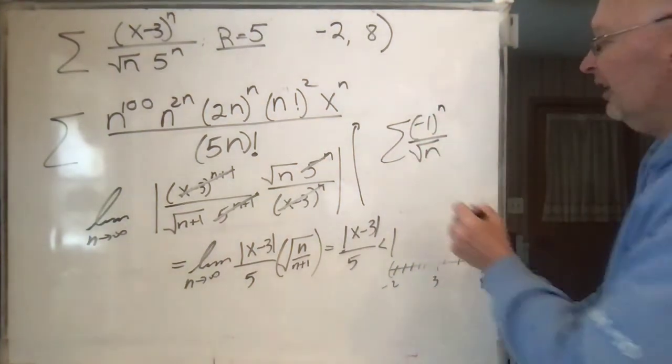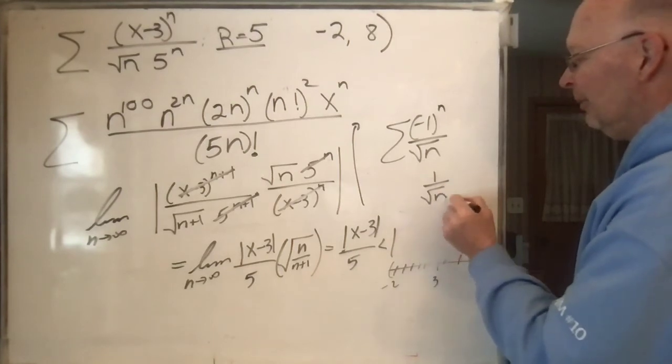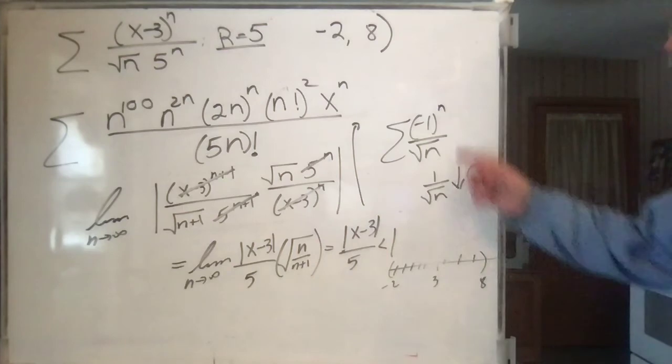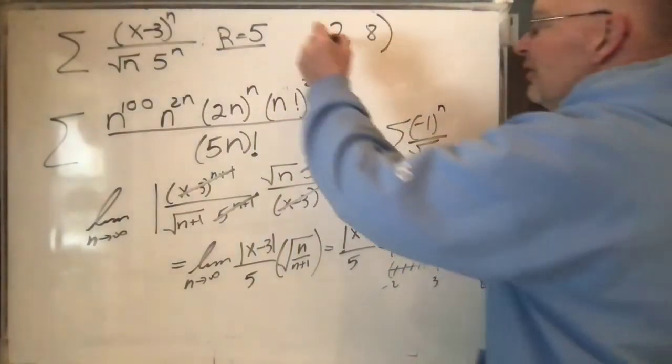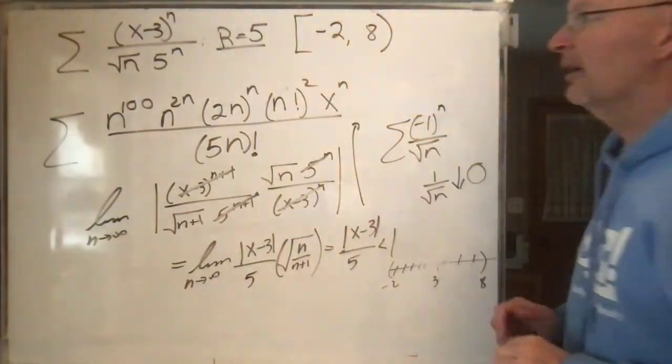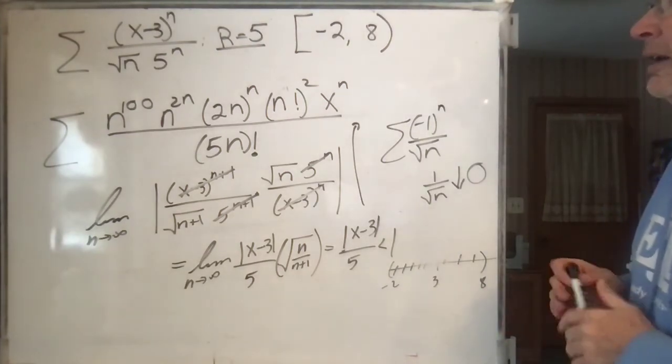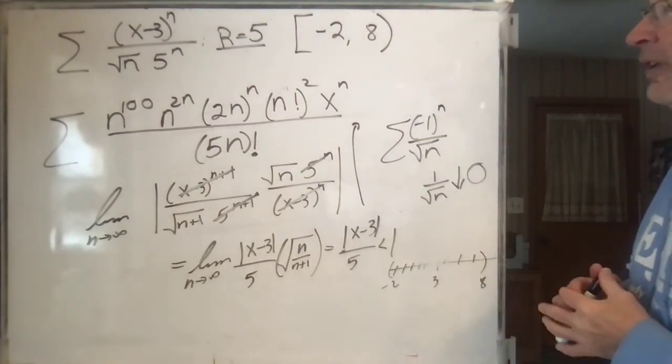And there your alternating series comes into play because 1 over square root of n monotonically goes to 0. And so this thing is going to converge. So there you have it right there. Okay? So there's everything you need to know about finding intervals of convergence.